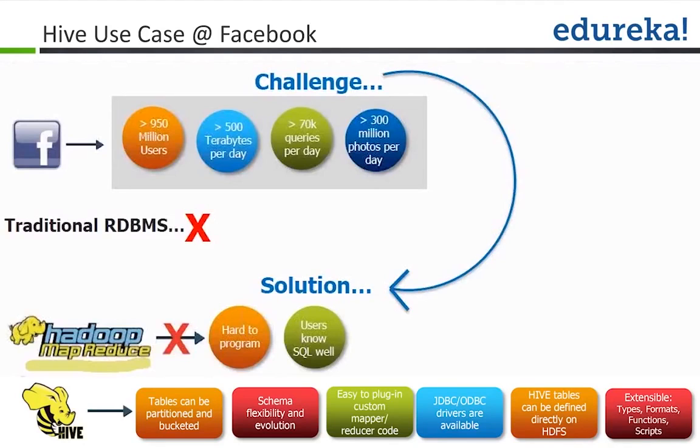Apart from whatever Hive offers on its own, it also has the plugin for custom mapper and reducer code. So at any point, if you have a requirement to write your own custom code, you can easily write that and integrate it with Hive. The next thing you have with Hive is the JDBC ODBC driver.